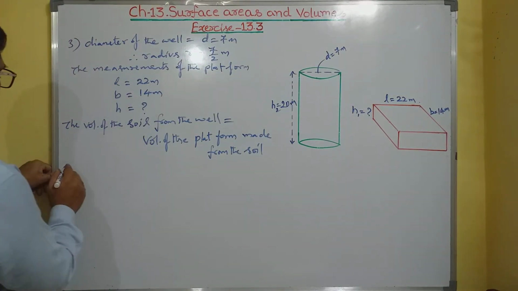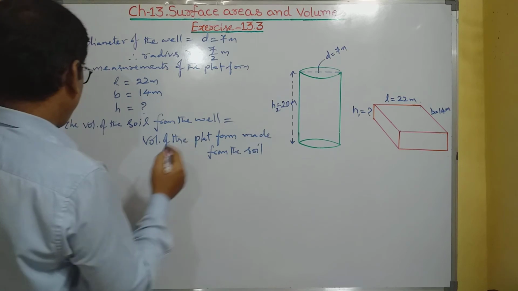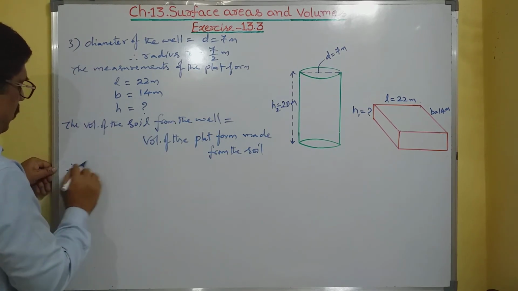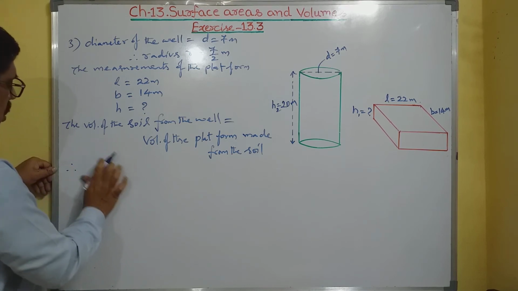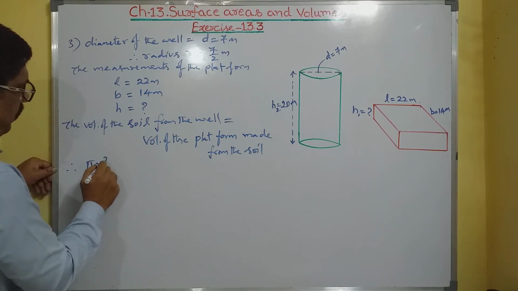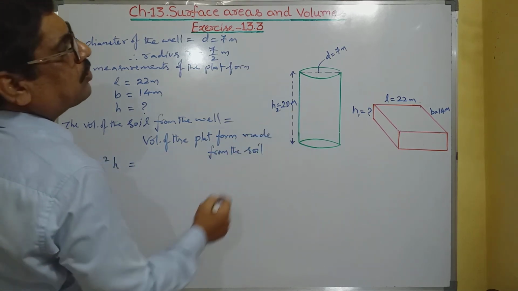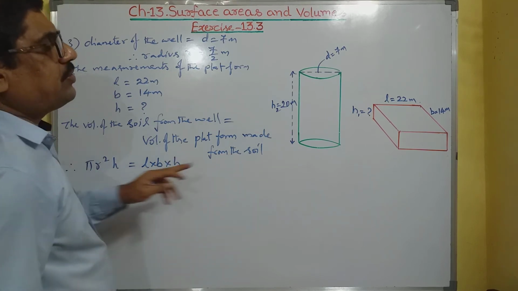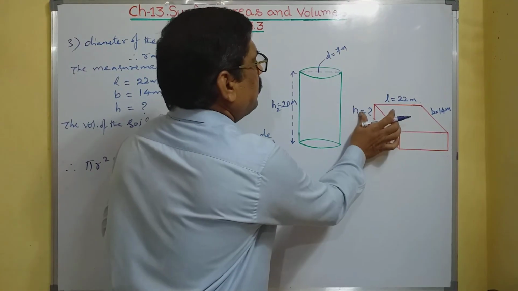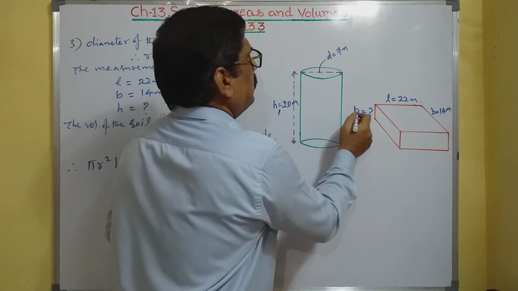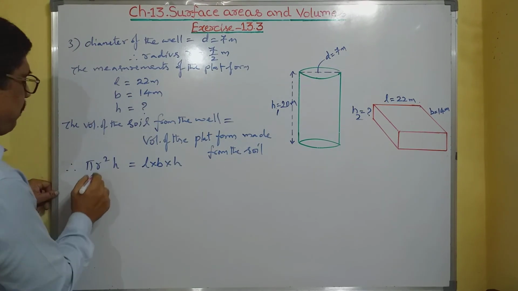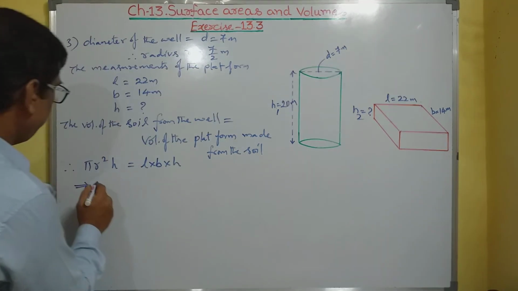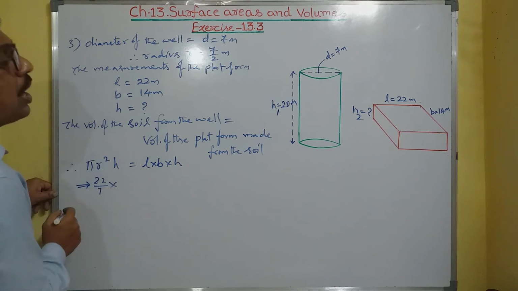So therefore, what is the volume of the well? Volume of the well is in the shape of a cylinder. So therefore, volume of the well is pi r square h is equal to volume of the platform. Platform is L into B into H. Why? Because this is the shape of a cuboid. Let us take it as H1 and this is H2. Now pi value can be taken as 22 by 7, as he has given, into r square.